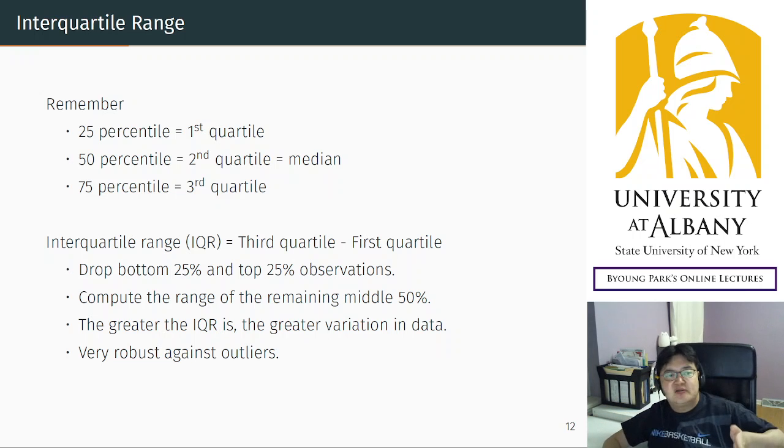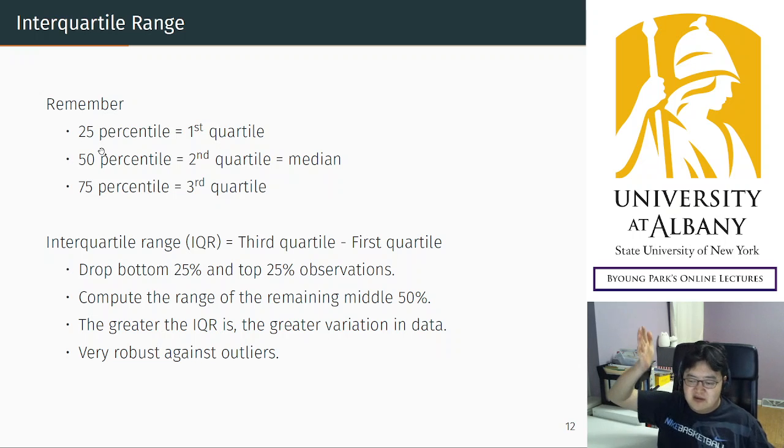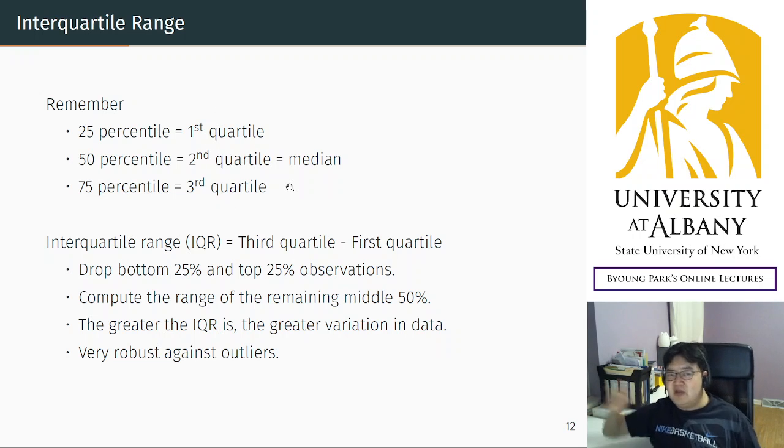Then the first part is divided at the 25th percentile, bottom 25%, and the largest part is divided at the 75th percentile, which is top 25%. So they are called first quartile, second quartile, third quartile. So you cut probability at these three points to divide the whole probability into four equal pieces.